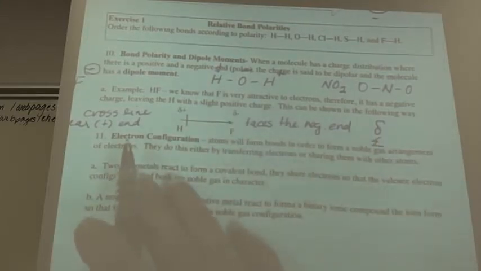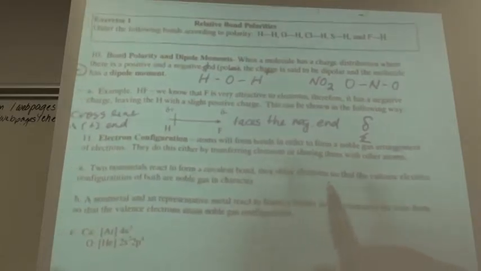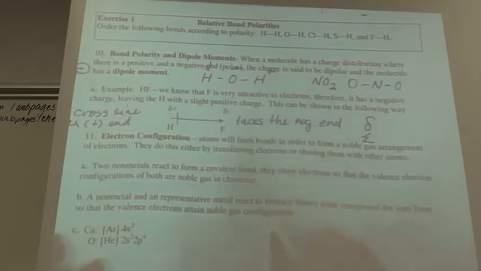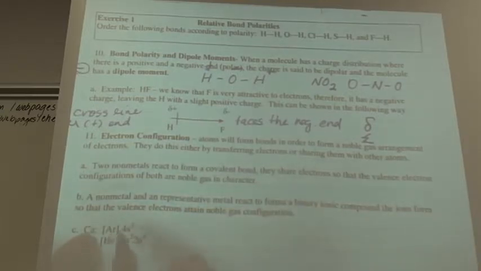Okay, you can tell by electron configurations how atoms will want to bond. Let's look at calcium and oxygen. Calcium has the electron configuration argon 4s2. Oxygen has the electron configuration helium 2s2, 2p4. These are the valence electrons because they're in the highest principal quantum number.